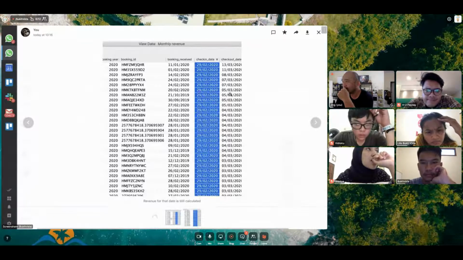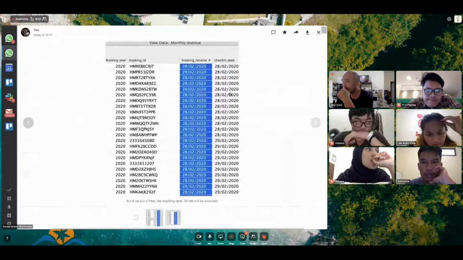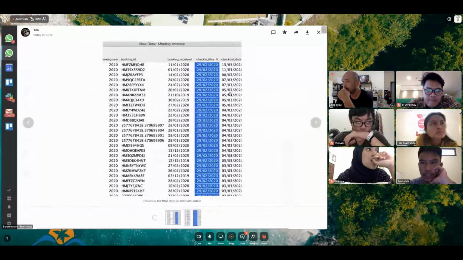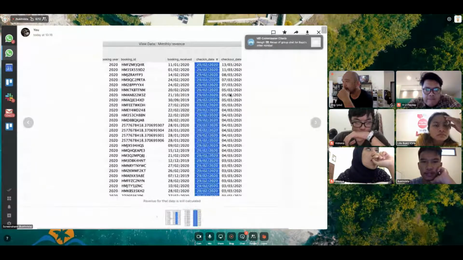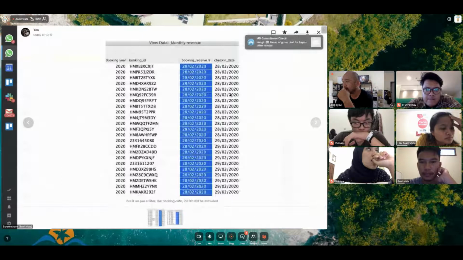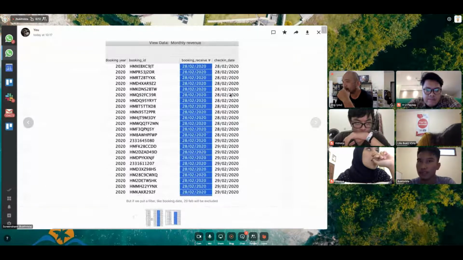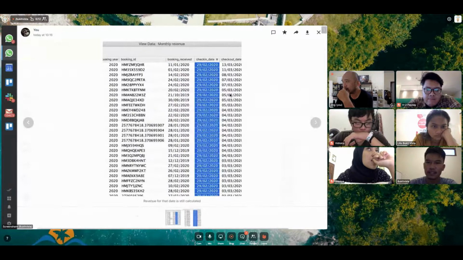So the one that is not recorded, I don't know if this is something to do with UTC or not, but basically the date of the booking received cannot be saved as the 29th. If the data is there, we see on the check-in date, it's fine.